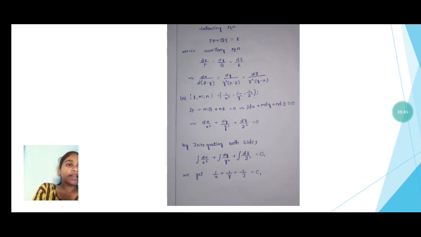It is of the form l dx + m dy + n dz = 0, that is, dx/x² + dy/y² + dz/z² = 0. By integrating both sides, ∫dx/x² + ∫dy/y² + ∫dz/z² = C1. We get 1/x + 1/y + 1/z = C1 as the auxiliary equation.